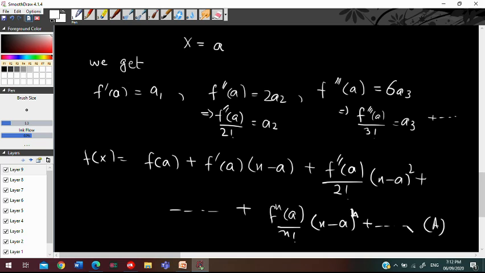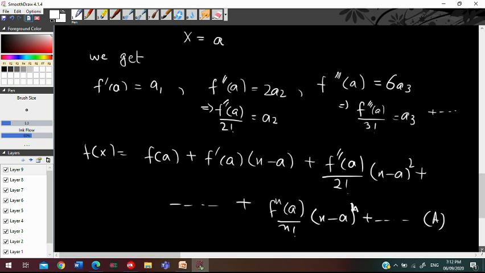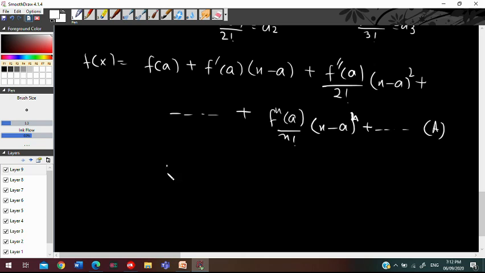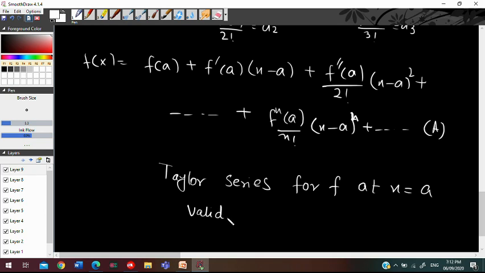So this is your equation number 2. This expansion is known as the Taylor series, the Taylor series for f at x equals a.